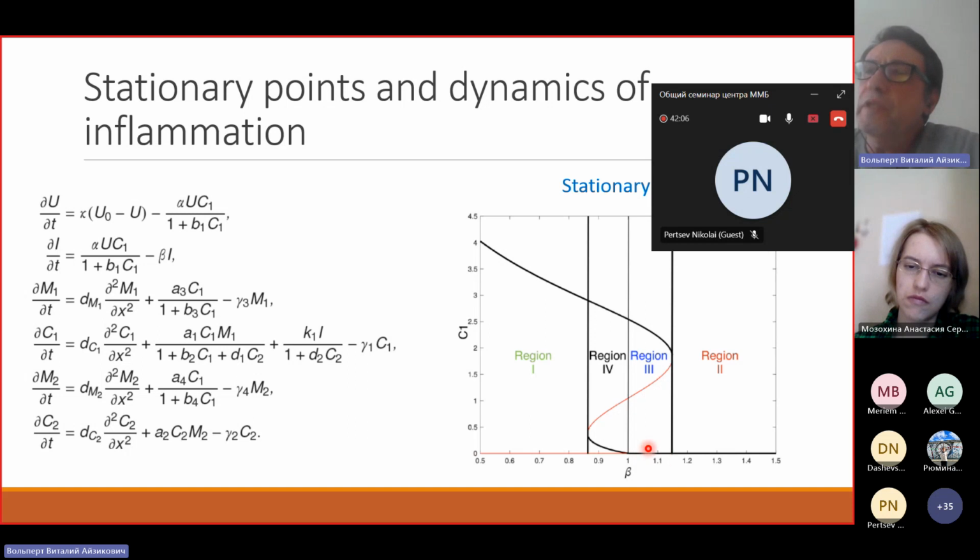There are some intermediate situations where the inflammation-free stationary point, for example in region 3, is stable, and if the perturbation is small, we remain here in this inflammation-free equilibrium. But if the perturbation is large, we will go to another equilibrium with inflammation.